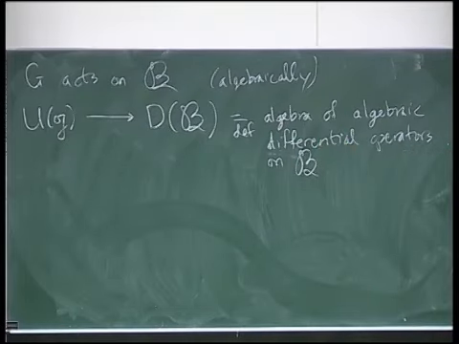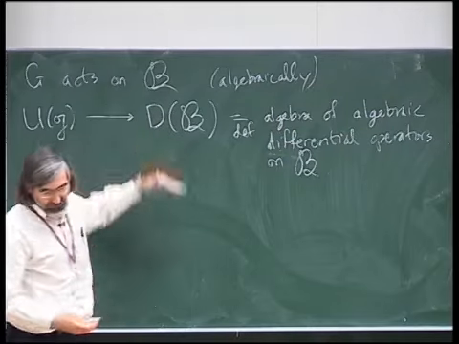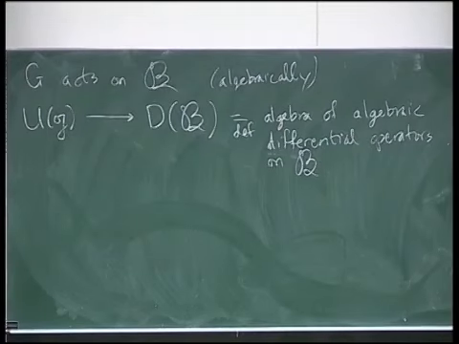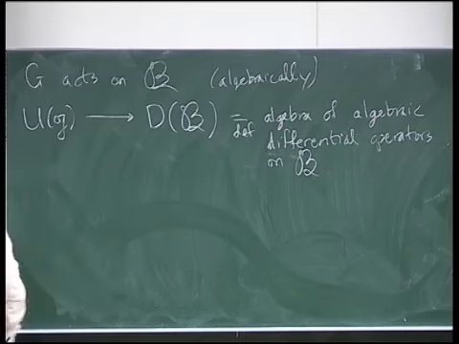So that's fine. You of course know that B is a projective variety, and what you know about projective varieties is that there aren't many algebraic functions on them. The only globally defined algebraic functions are the constants.